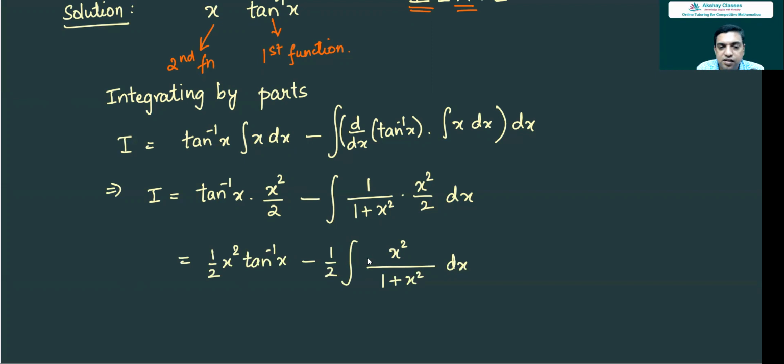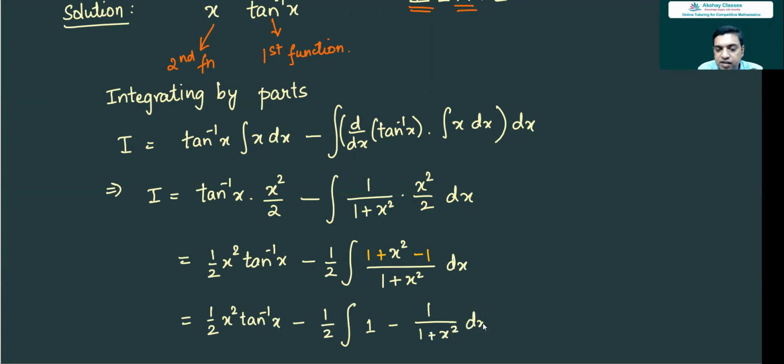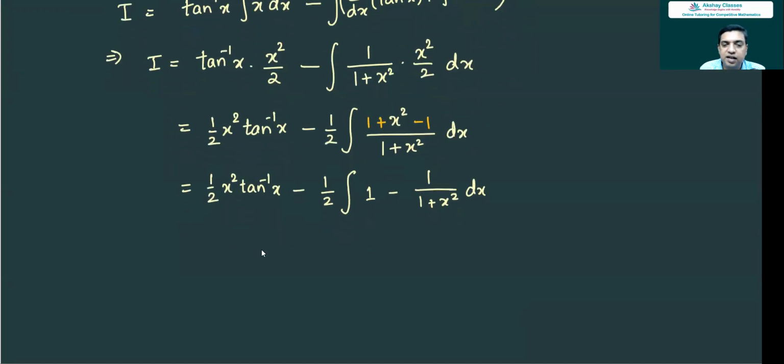To solve this, we add 1 and subtract 1. When we do that, we can split this as half times integral of 1 minus 1 upon 1 plus x square dx. This is now in standard forms. We have standard results for that.